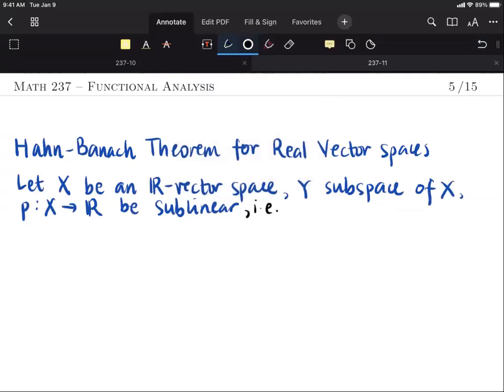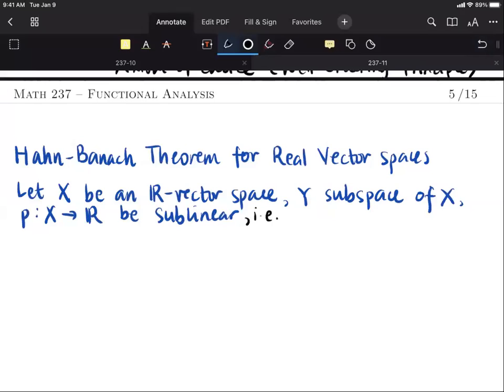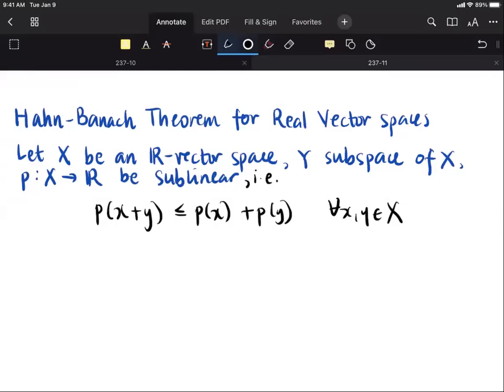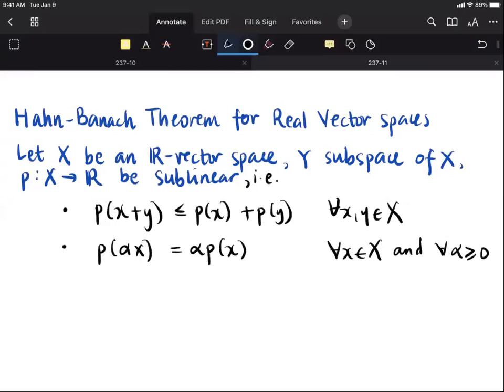This means that p of x plus y is less than or equal to p of x plus p of y for any x, y in the vector space, and p of alpha x is equal to alpha p of x for any x in your vector space and for any non-negative alpha.